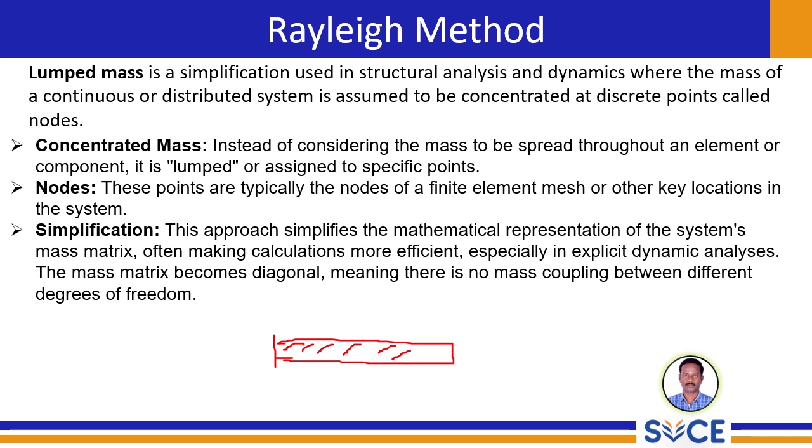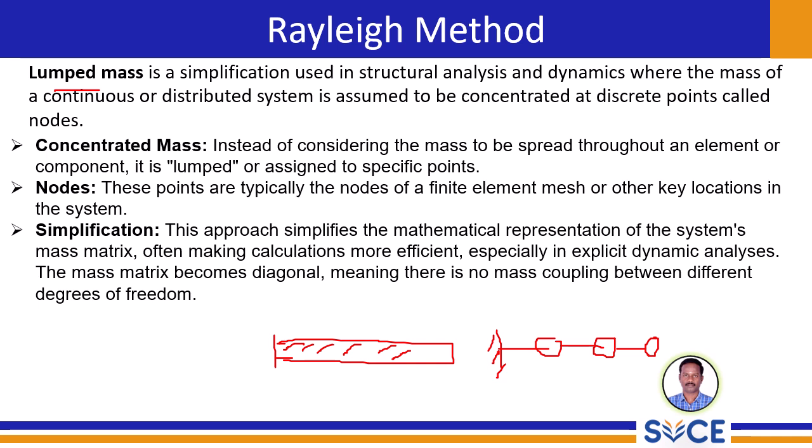So we often use a technique called the lumped mass matrix or lumped mass approximation. As this image explains, the lumped mass approach assumes that the mass of the continuous or distributed system is concentrated at some discrete points called nodes.